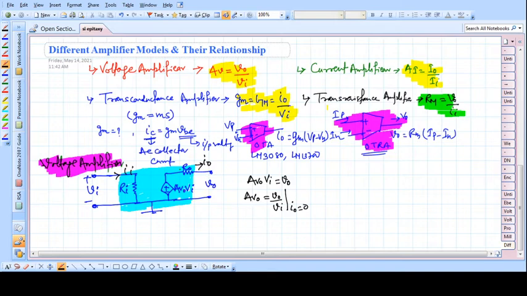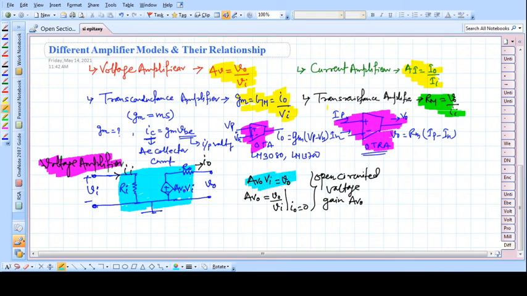So this gain is nothing but simply what we can call the open circuited voltage gain. That's why I am writing it as AV naught.